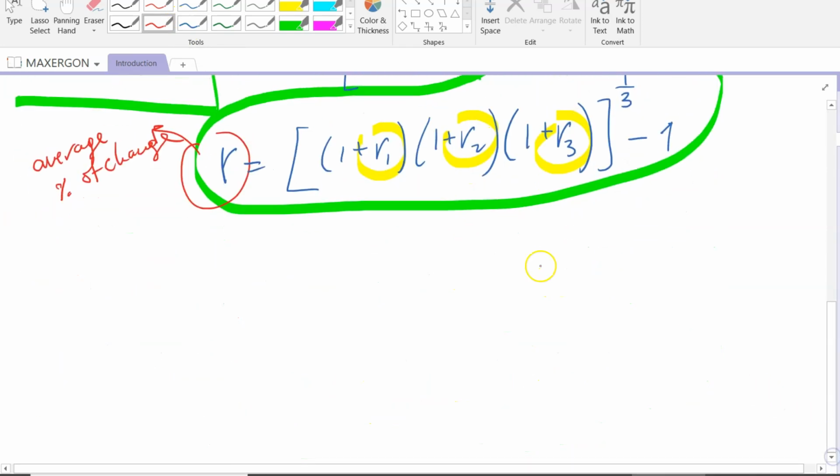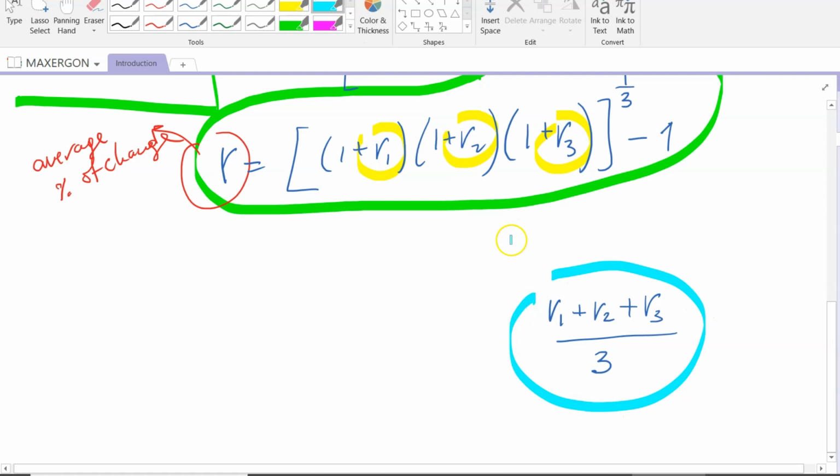It is highly important not to mix up this average percent of change, which in mathematics is also called the geometric average, with the arithmetic average. So one should not confuse this type of average with when you take these 3 increases and divide by 3. If you do that, this will give you the arithmetic average.